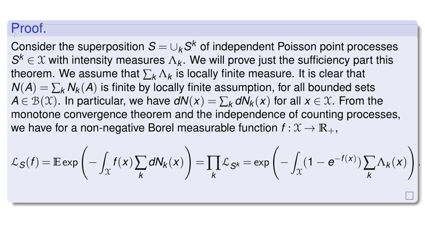In particular, this means that dN(x) equals the sum over k of dN_k(x) for all x in X. Using the monotone convergence theorem and the independence of the counting processes N_k, we can write the Laplace functional for the superposition S, L_S of f, for a non-negative Borel measurable function f as the expectation of e to the power minus the integral over X of f(x) times the sum over k of dN_k(x).